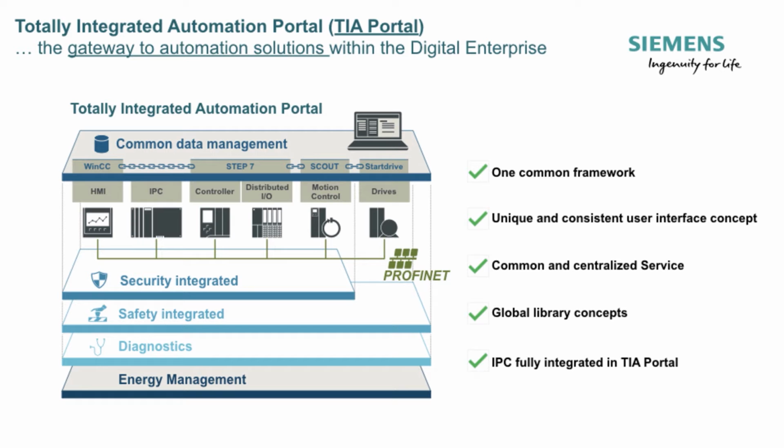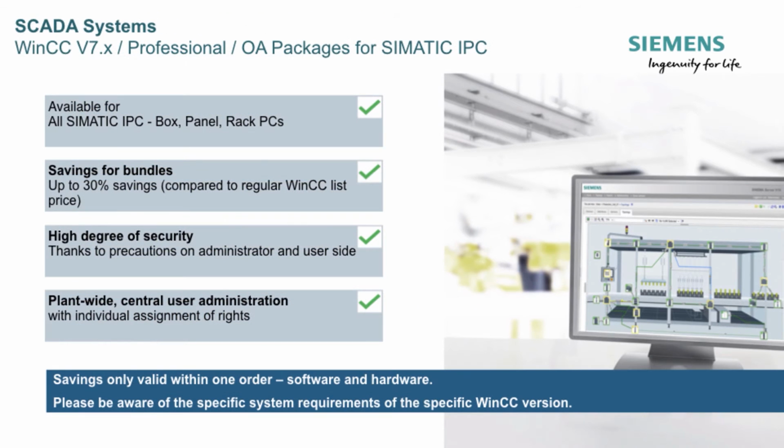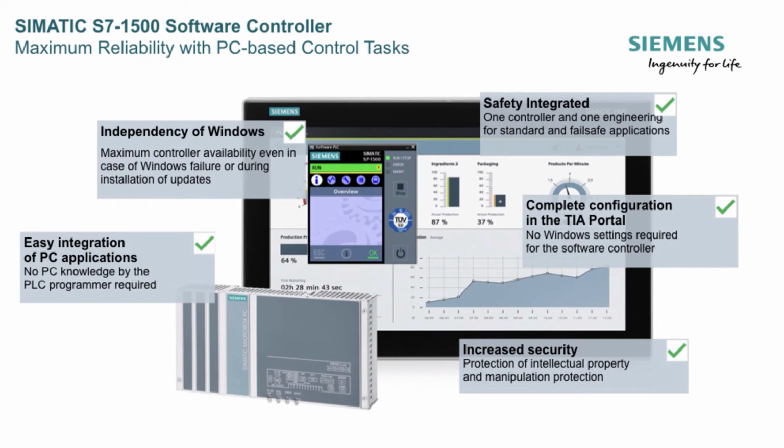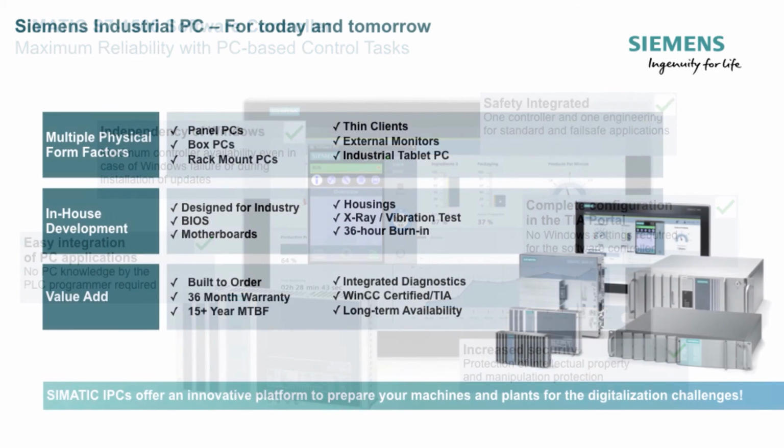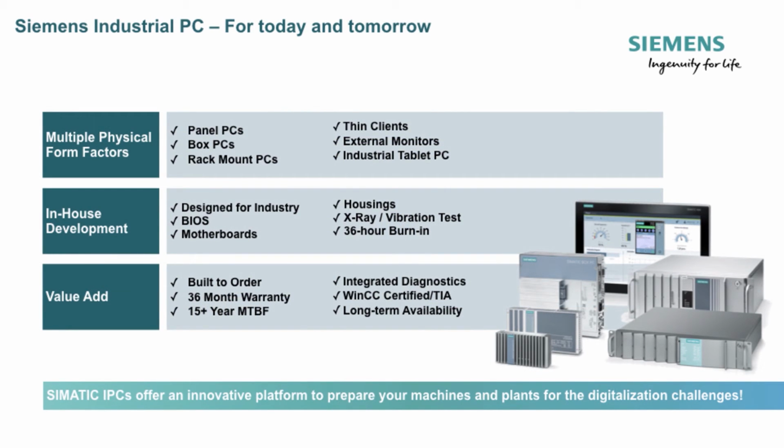We also have our SCADA system as an option, as a bundle or package, where you can have price reductions when you buy both together. And of course, our Siemens S7-1500 controller that we install on an IPC, you can use as a PLC, as a PC-based application.